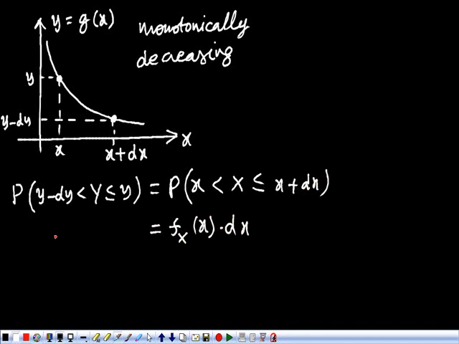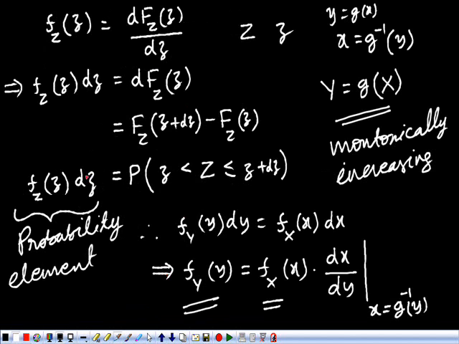What about this? This can be written as minus fy of y into dy. Y minus sign, see the difference between the previous expression and this expression. In the previous case we have y to y plus dy, now it is y minus dy to y. That's why we have the negative sign. Again, this relation is also obtained from the same expression, but here in this case it will be reversed. We will get the negative sign.